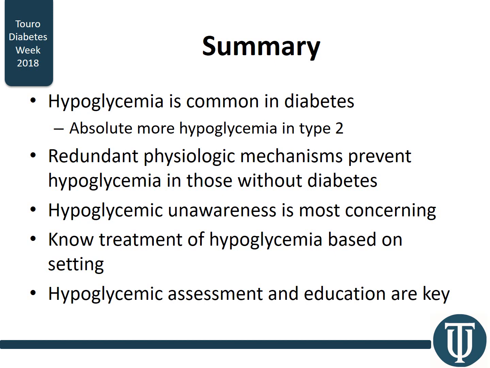We know that hypoglycemia can increase morbidity and mortality. And we want you to know the treatment for hypoglycemia based upon the severity of the hypoglycemia and the setting. And that as providers, you really should be assessing your patients at each and every visit who have diabetes for hypoglycemia, educating them about the prevention, the timely identification, and the treatment of hypoglycemia.